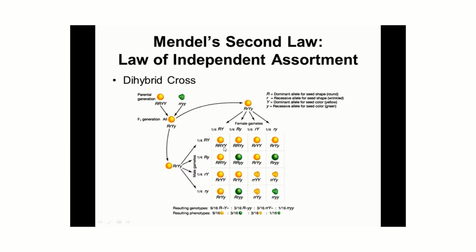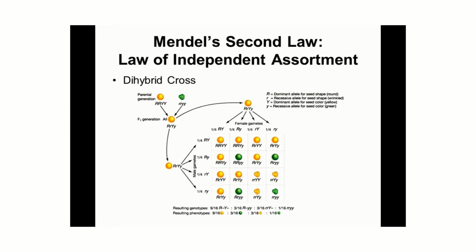When we count the round and yellow seeds, you can see around 9 of them out of 16 zygotes that appeared. We had 16 zygotes coming up in this Punnett square. Out of those 16 zygotes, 9 were round and yellow, 3 were round and green, another 3 were wrinkled and yellow, and only one was wrinkled and green.